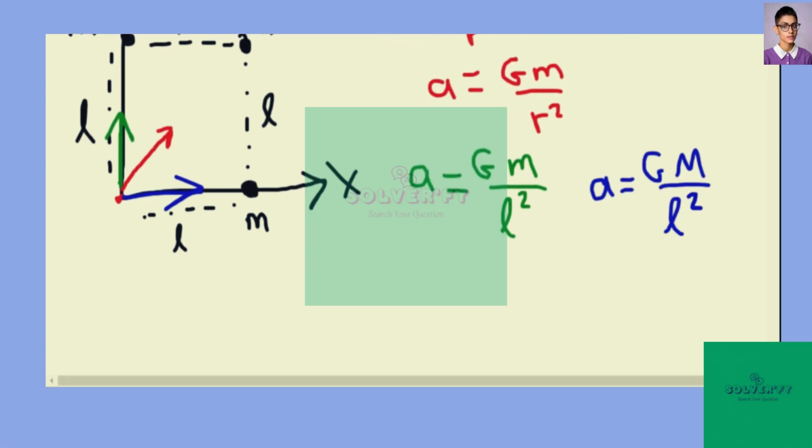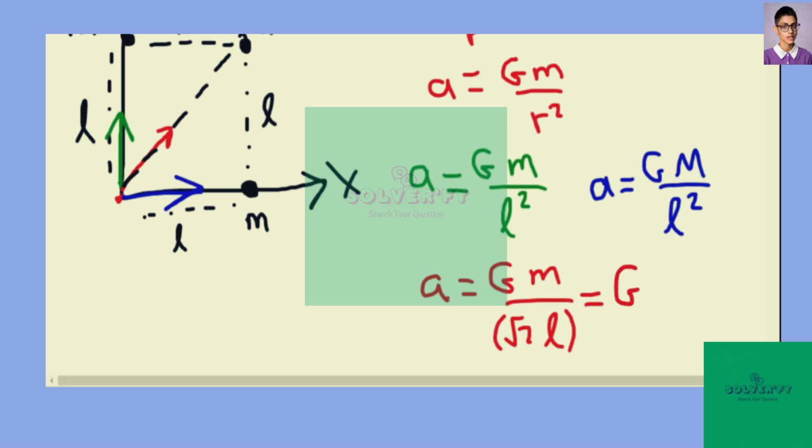But in the red direction, the distance, the hypotenuse here, is the square root of 2 L. So in the red direction, still the same mass, but we have the square root of 2 L. And this is 45 degrees, because the adjacent and the opposite are the same length.